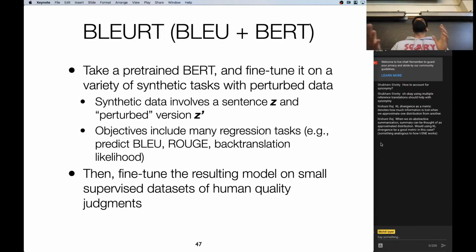So basically, this is trying to get a BERT model that is capable of handling these kinds of regression type tasks. Because at the end, what I want is to fine-tune my BERT model on supervised judgments that I get from humans. So for example, human scores of adequacy or fluency.